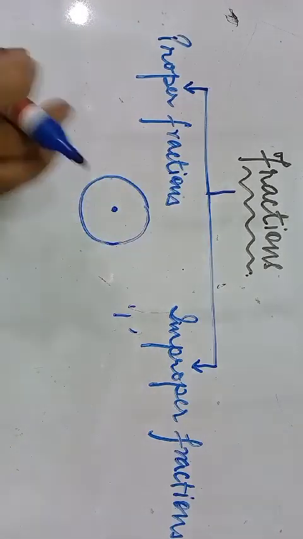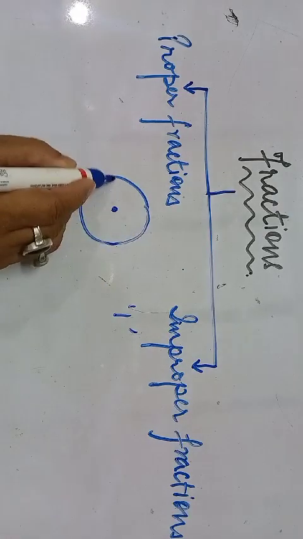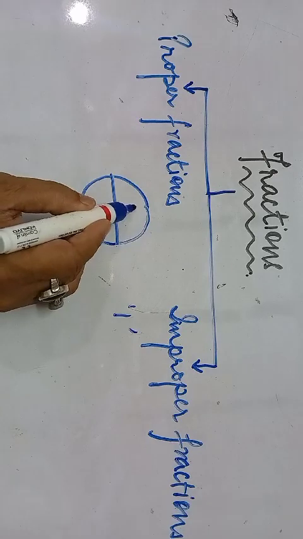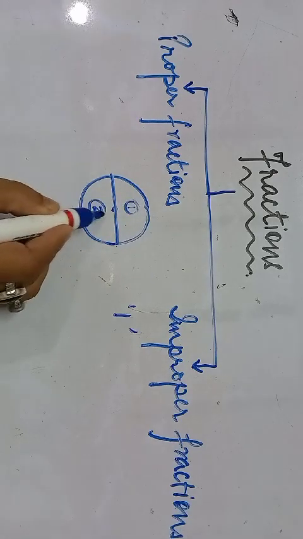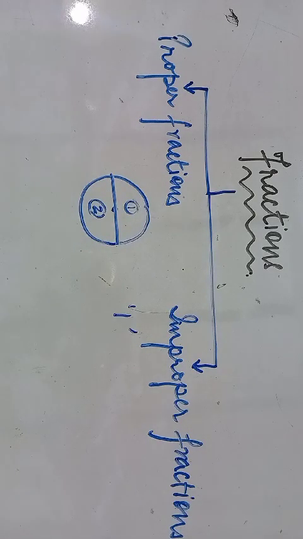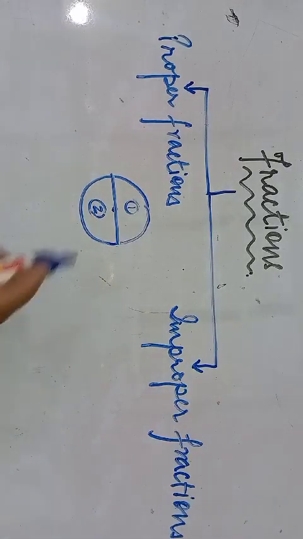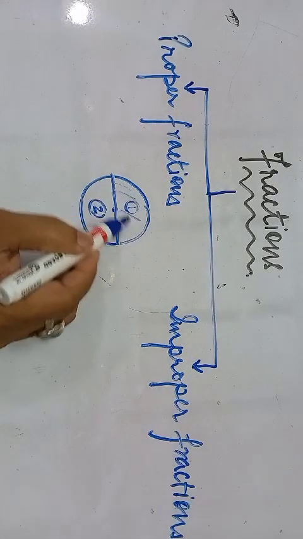And if I want to distribute this whole cake into two equal parts, how do I represent each part?